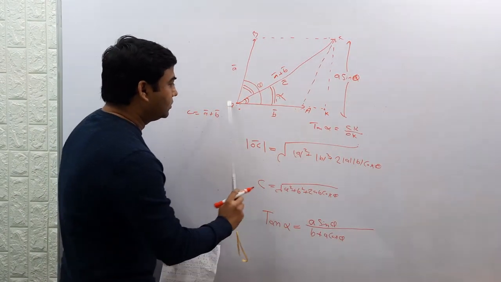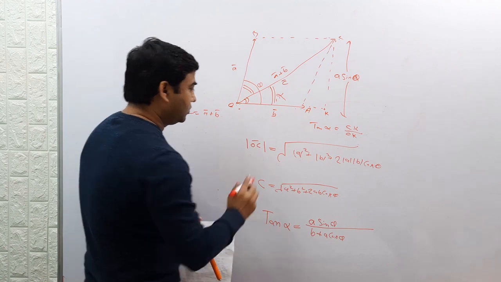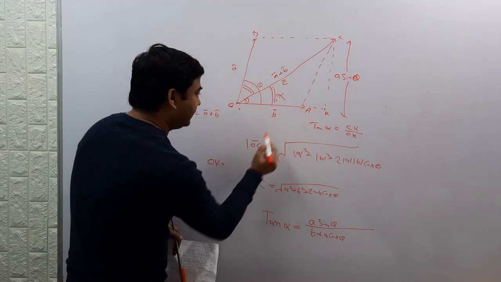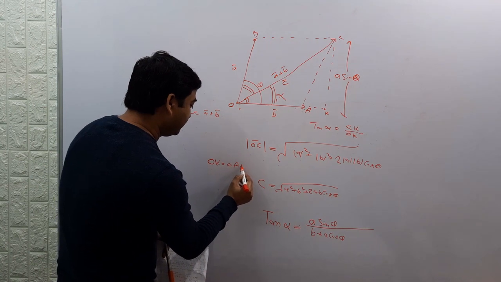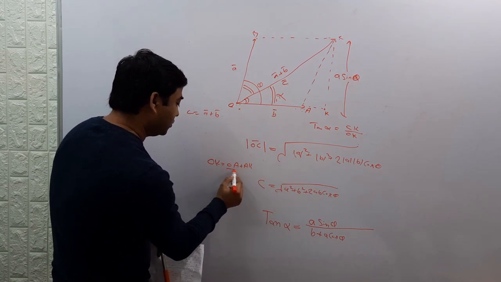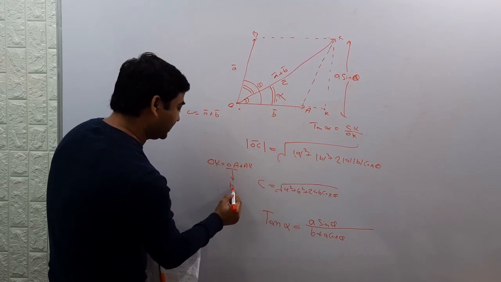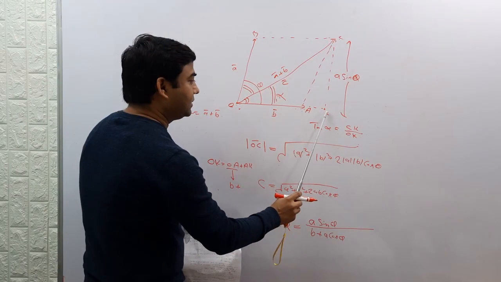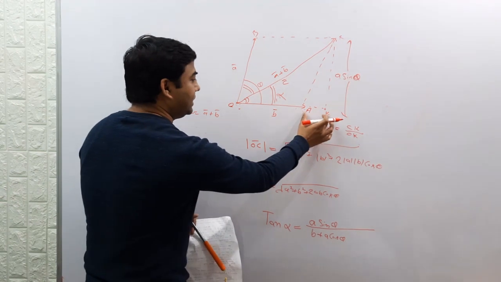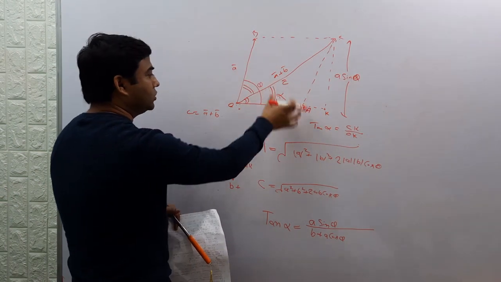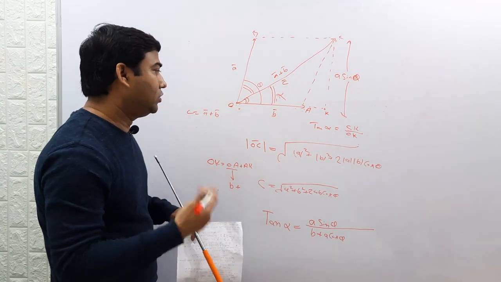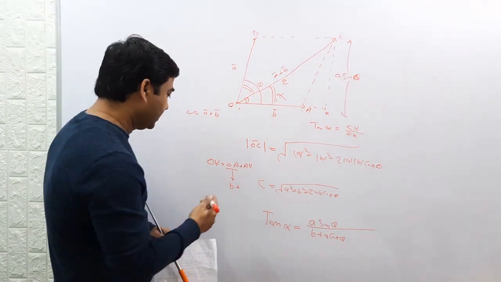And now OK. OK is equal to this length OA plus AK. OA is the length of vector B plus AK. AK is the horizontal component of this vector. What a component is and all, you will learn in future.